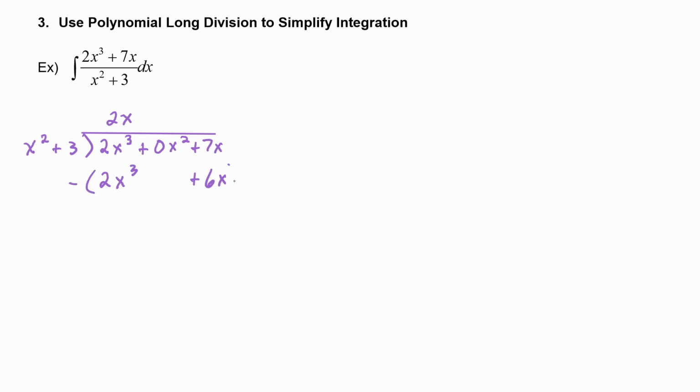Now we have to subtract. These two cancel out. That was the whole point. Then we have 7x minus 6x is equal to x. And then that remainder goes up on the top as x over x squared plus 3.